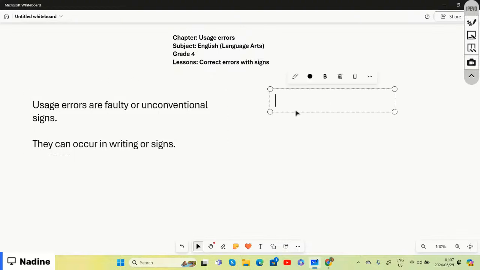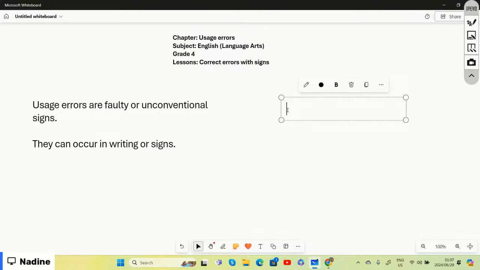And if we look at examples of usage errors, especially in writing, it includes maybe missing numbers, missing words, missing letters.